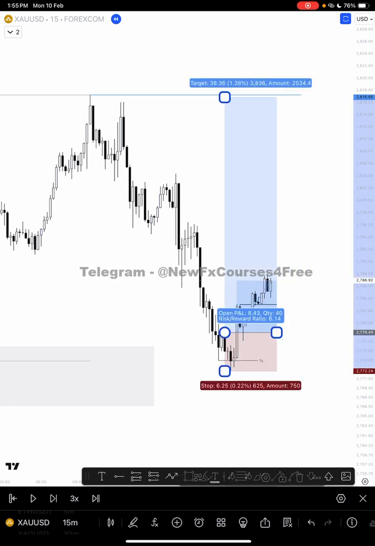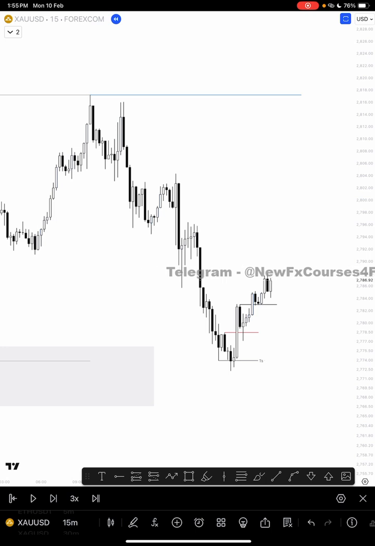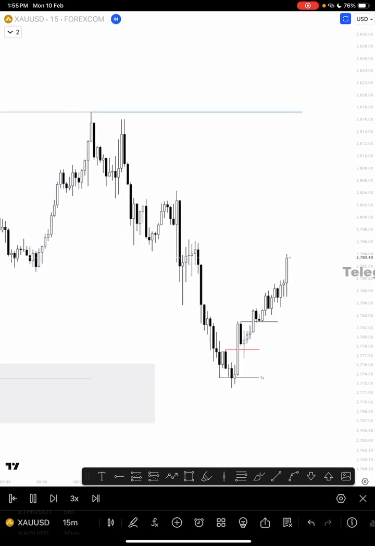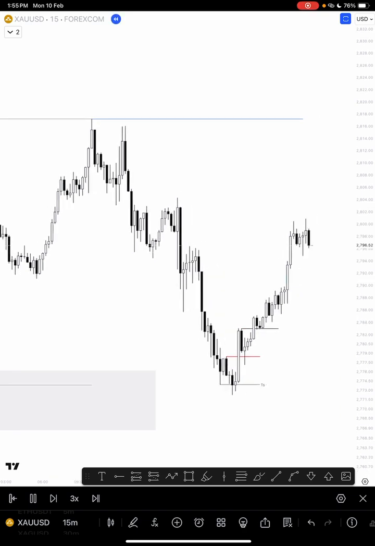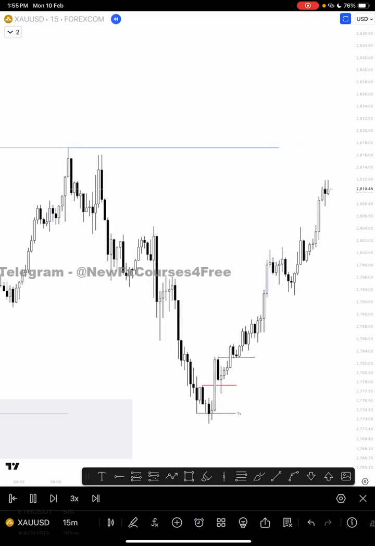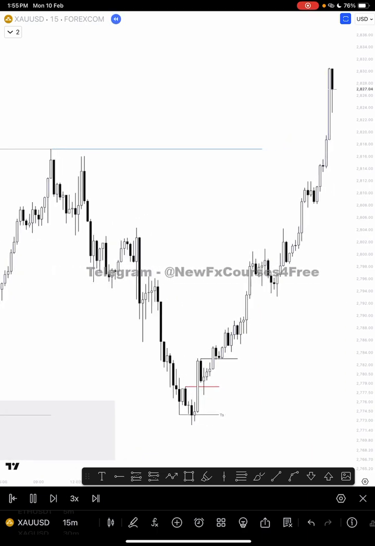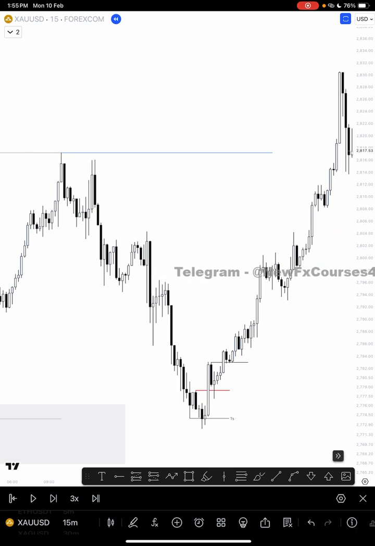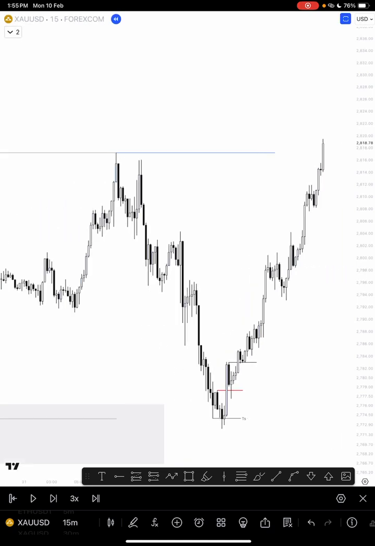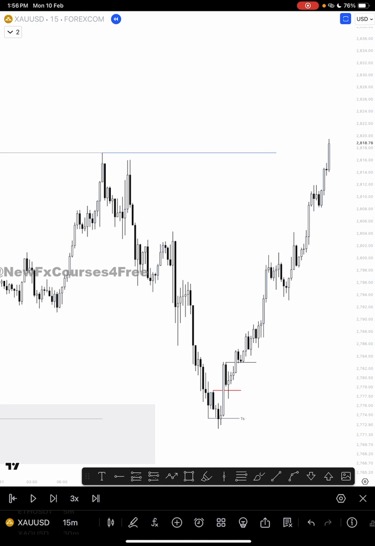And so here, let's see how this plays out. And here, your expansion profile for higher prices. There you go. Expansion towards our daily range high, which was actually our draw on liquidity.